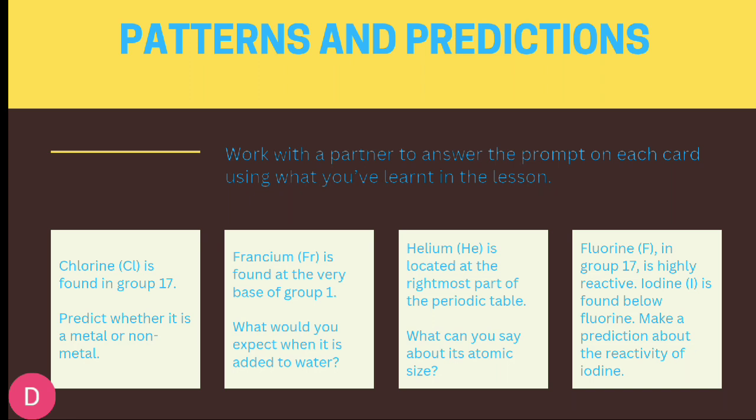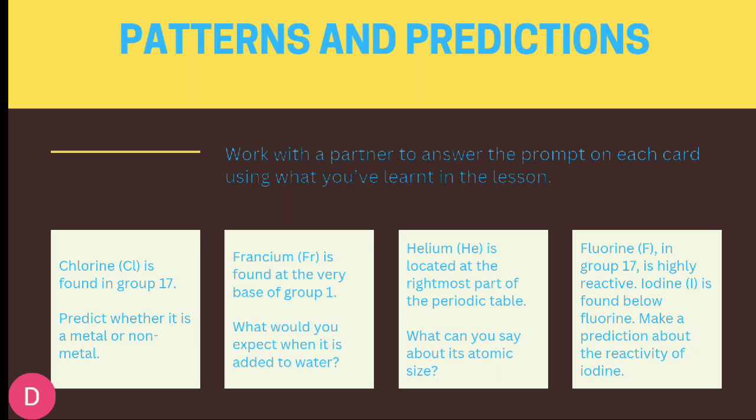Francium is found at the very base of group 1. What would you expect when it is added to water? Helium is located at the rightmost part of the periodic table. What can you say about the atomic size?